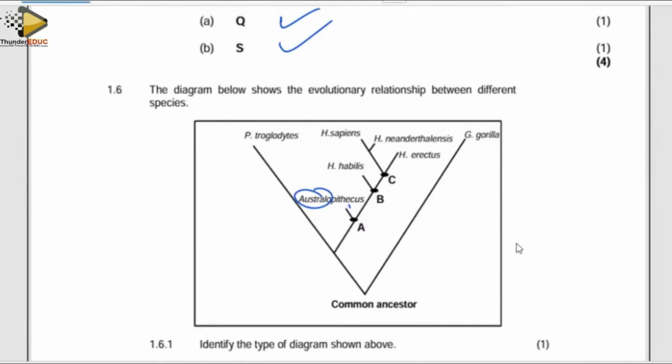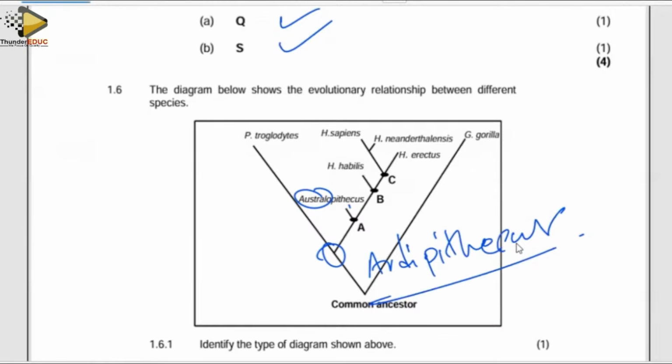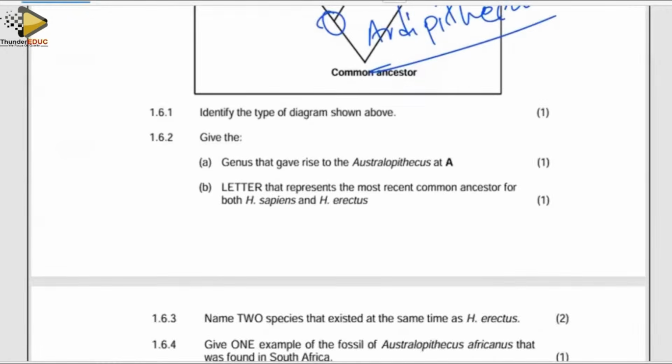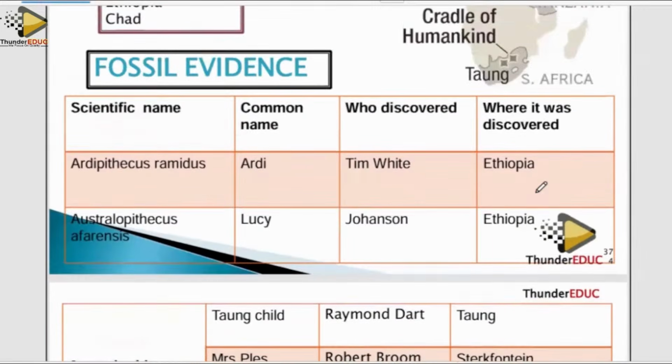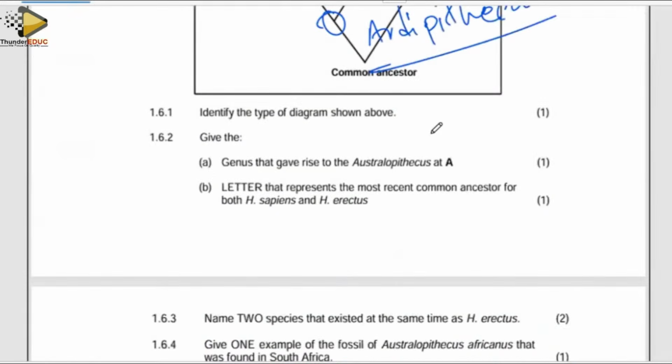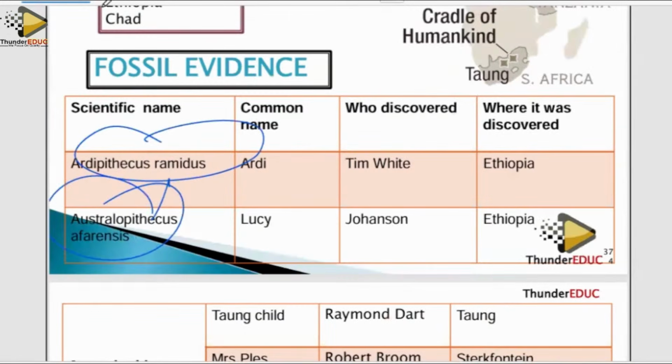Where is it? The common ancestor of all of them, Australopithecus africanus, comes from the genus that gave rise to it. Australopithecus africanus is here. So basically it's supposed to be Ardipithecus. Remember, it is Ardipithecus ramidus which produced Australopithecus afarensis and then Australopithecus africanus. But they are looking for the genus, so it means that is Ardipithecus.